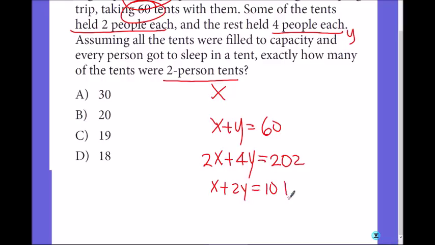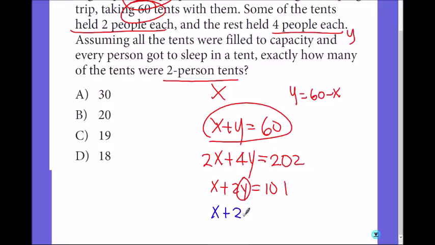So since we are solving for X, let's substitute for Y. From the first equation, Y equals 60 minus X. So then when you plug in Y, it's X plus 2 times (60 minus X) equals 101.